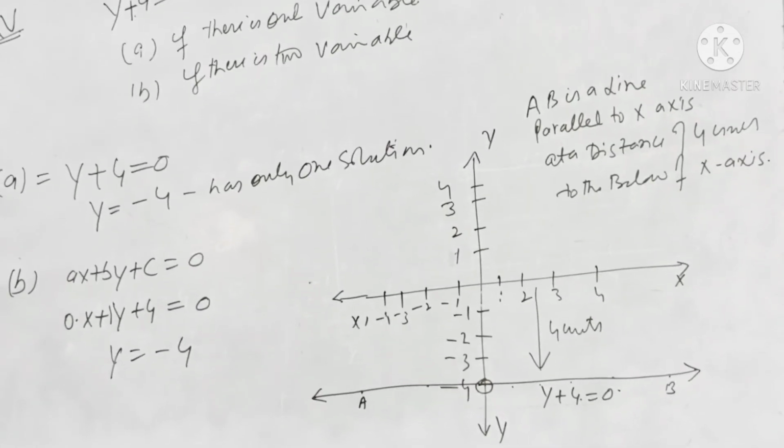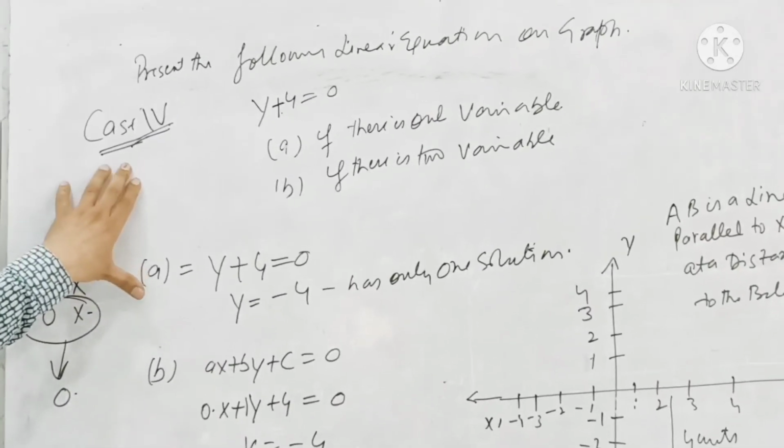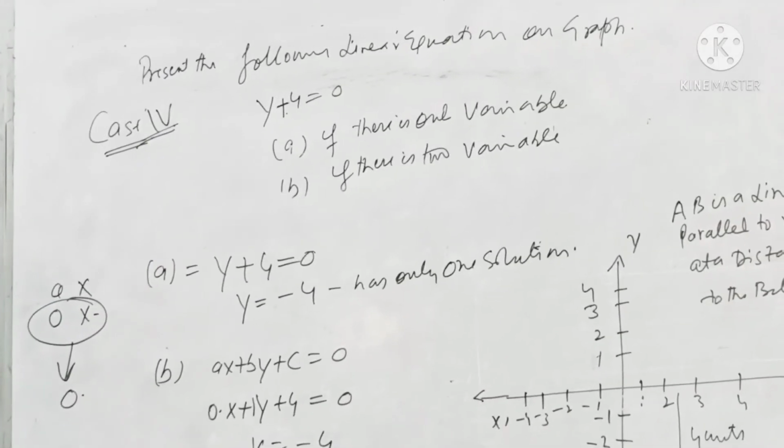Now this is the last topic here: y plus 4 is equal to 0.